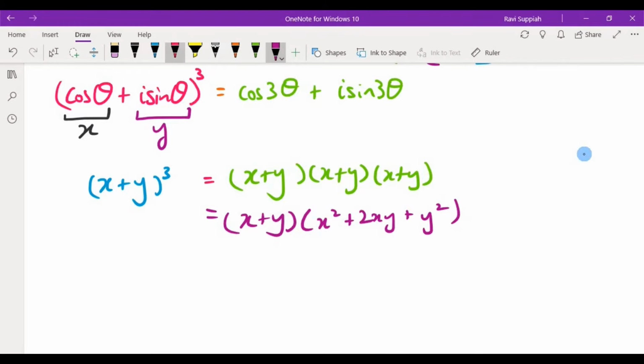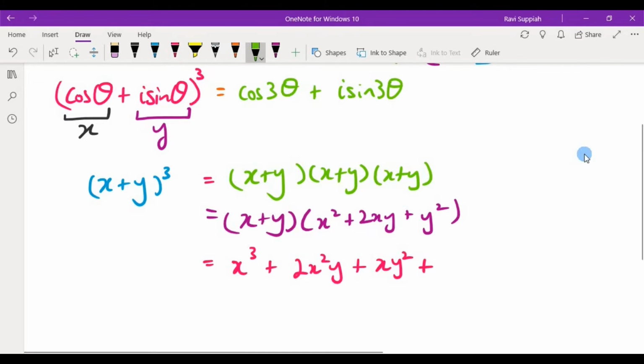Then we expand one more time. x into x squared gives x cube, x into 2xy gives 2x squared y, and x into y squared is xy squared. From the y, we get yx squared, y into 2xy is plus 2xy squared, and y into y squared is plus y cube.